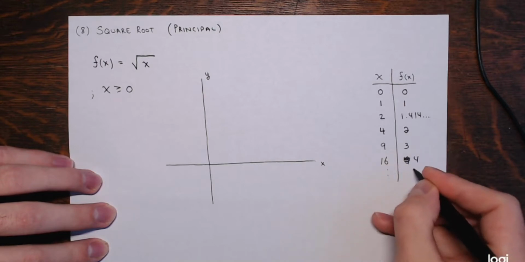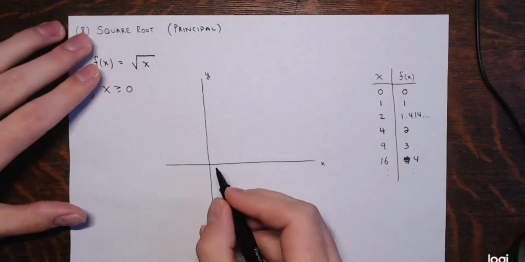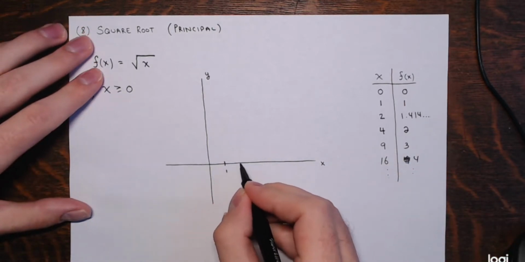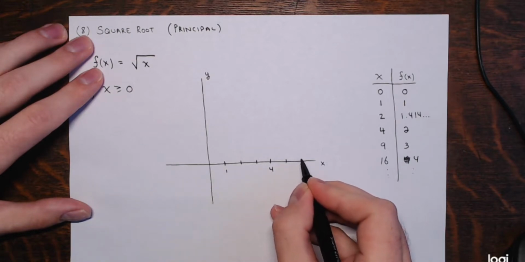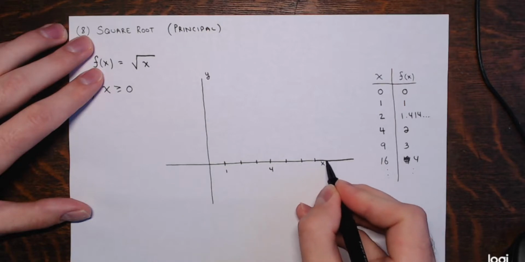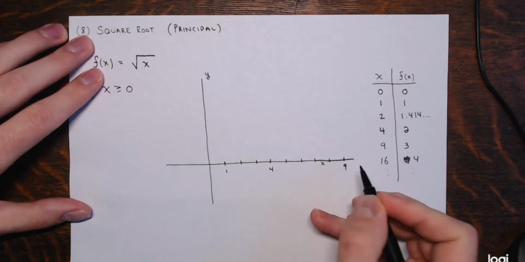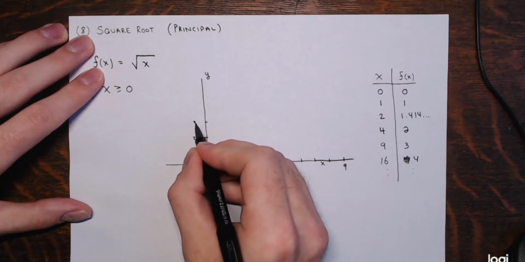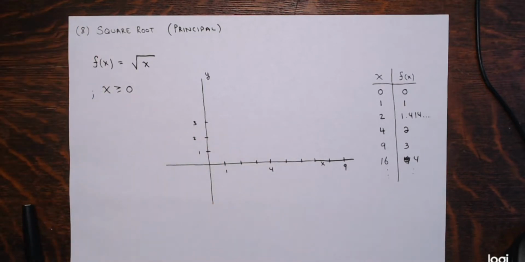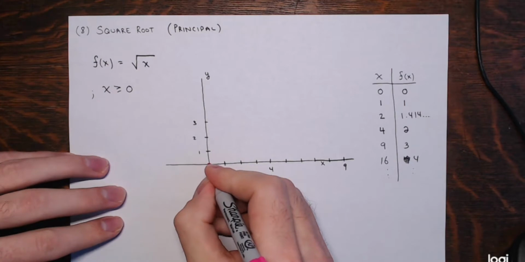And so on. So 0, and then here's 1, 2, 3, 4, and then 5, 6, 7. Let's go out to 9, 8, 9. And outputs 1, 2, 3. So again, input 0, output 0, input 1, output 1.